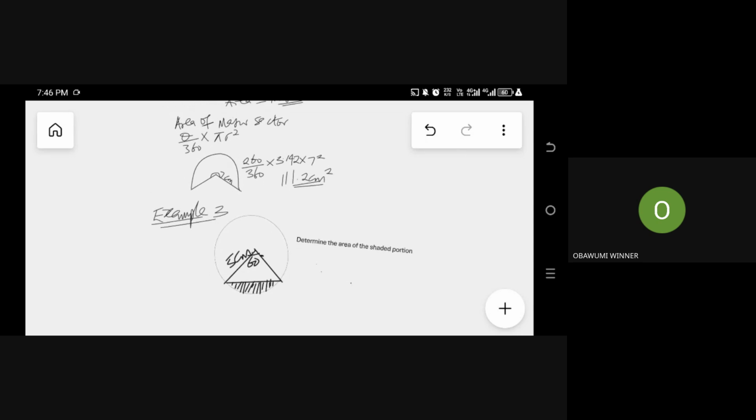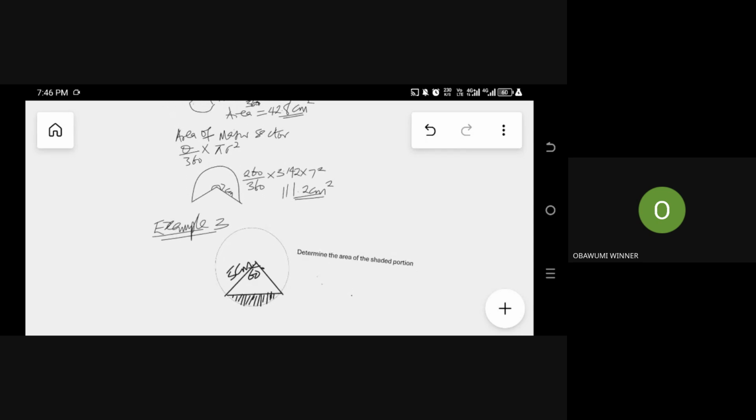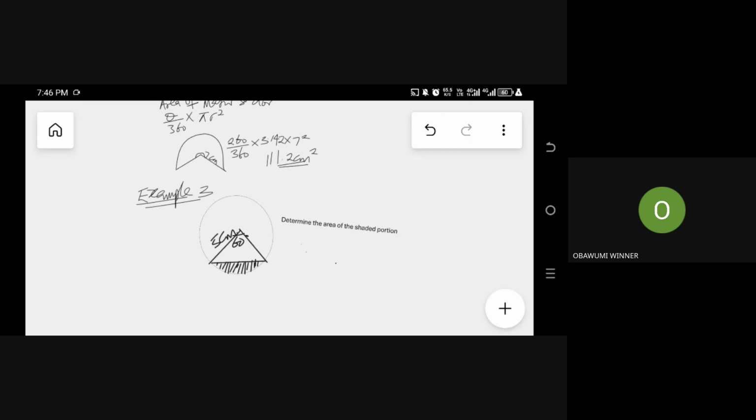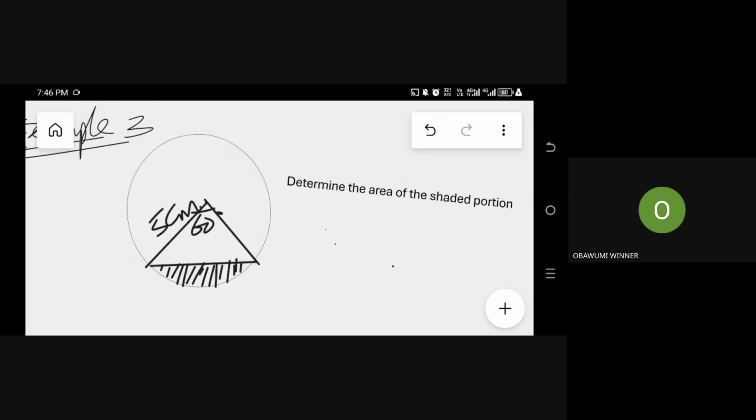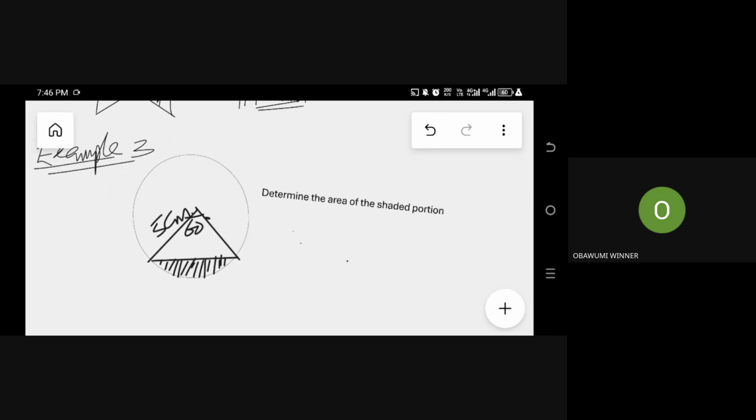Look at the sector at the top, then look at this shaded part at the bottom. That is a segment. An arc and a chord forms that part that is shaded. So invariably, they are asking you to find the area of the minor segment.